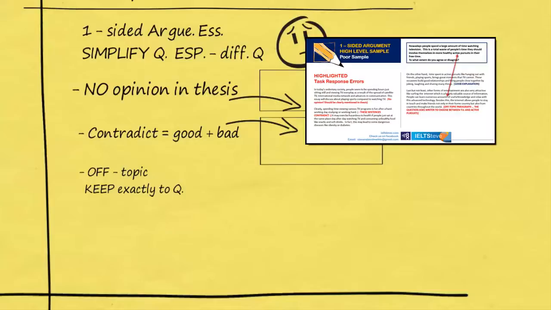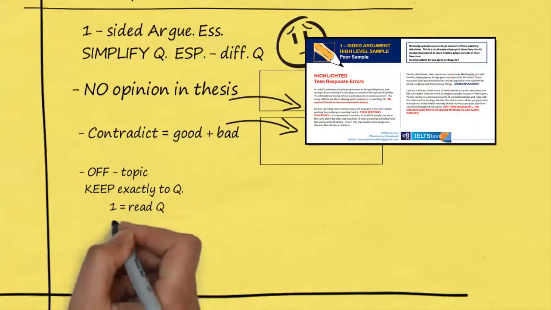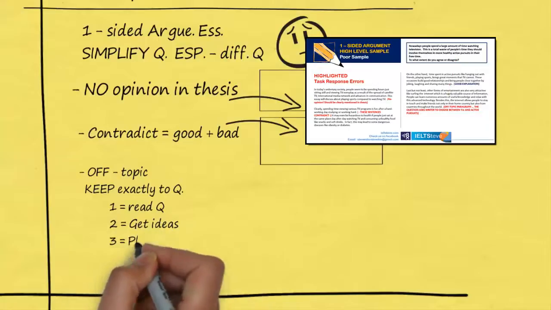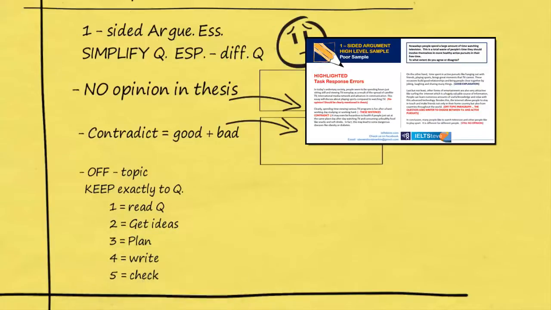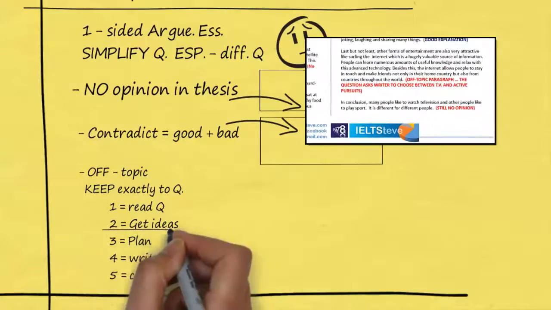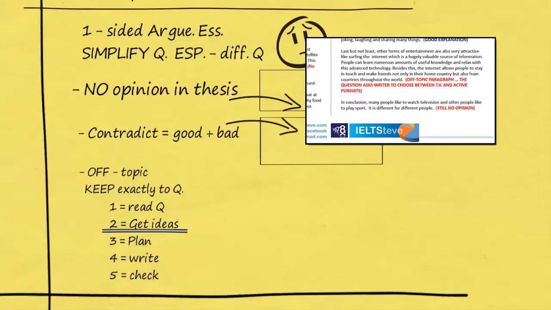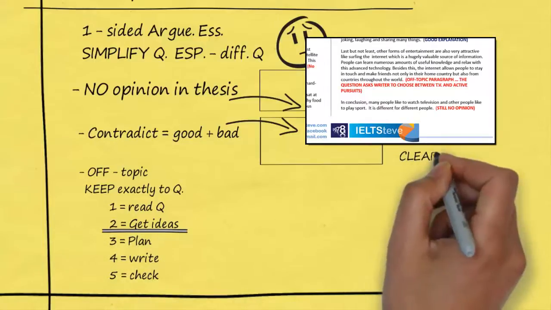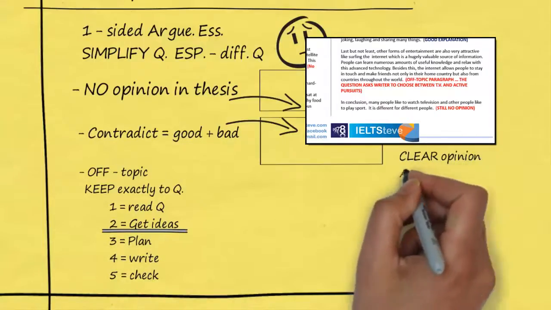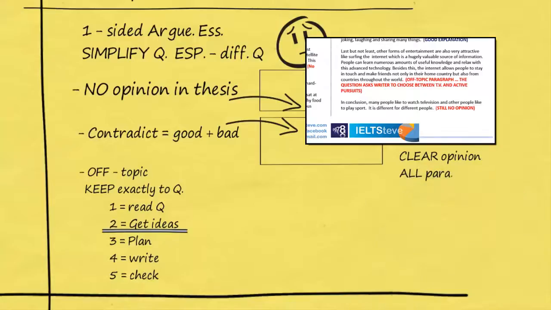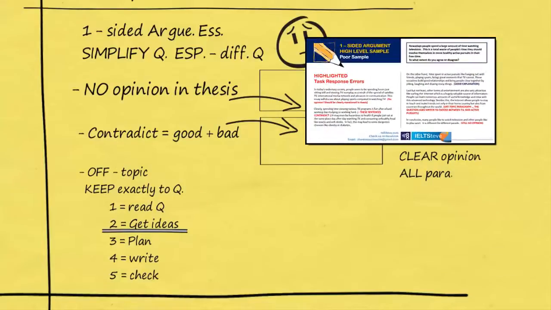So this may be a problem in step 2 when they're thinking of their ideas. They should have been looking very carefully at the question and they would not have made that kind of mistake. The problem with the conclusion, still no opinion. So this is very typical of students writing sometimes. where their opinion is not clear. This is definitely an opinion essay. You must give your opinion. It must be clear throughout the response.